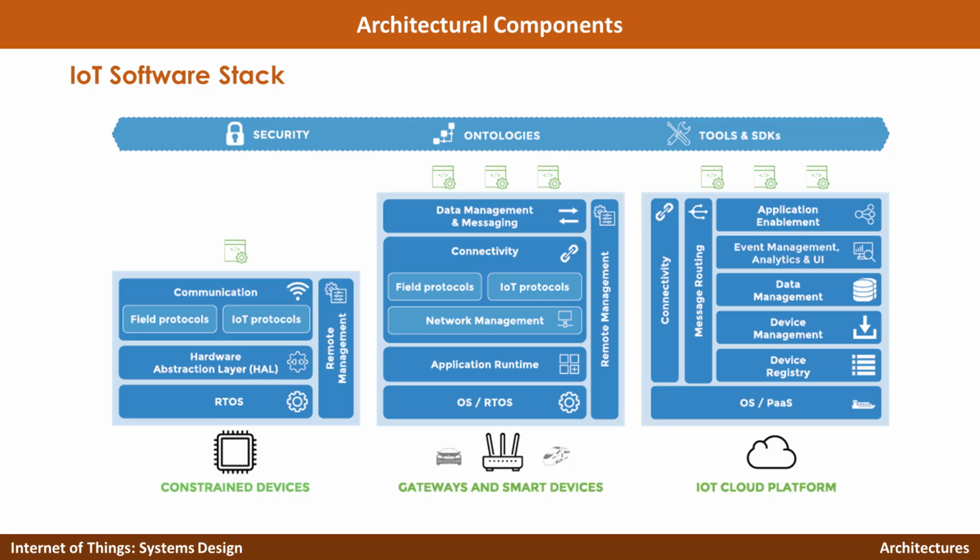On the gateways, we also see a little bit more sophisticated software stack, which has an operating system. Note that in the constrained devices, you don't see traditional operating systems. They have either no operating system, or it could be a real-time operating system, which is a very stripped down version of a traditional operating system.